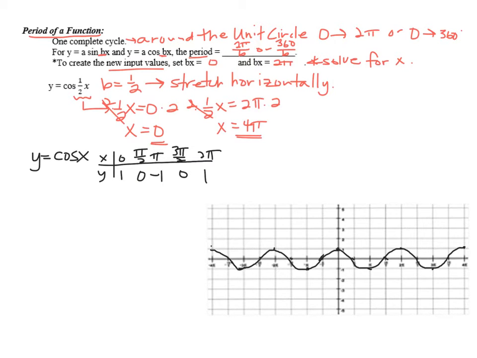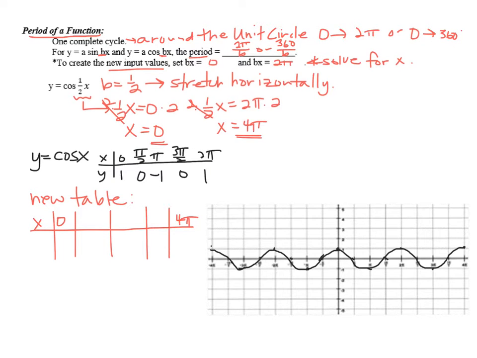All right, let's take a look at our new graph. So for our new table, what we want to make sure of is that we actually change the appropriate values. We're going to change our input values. So now for our new x, instead of going from 0 to 2 pi, we have to go from 0 all the way to 4 pi. And I know I need 3 values in between.